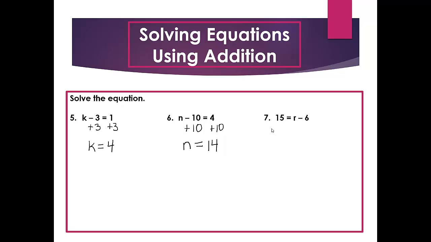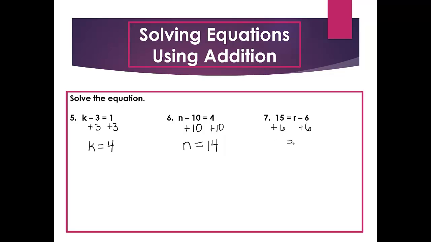Now let's look at number 7. We have 15 equals r minus 6. We want to look at the side of the equation that has our variable, which is this time the right-hand side. We have r minus 6. Since we are subtracting 6 with our variable, we need to do the inverse operation. So the opposite or the inverse of subtraction is addition. So we're going to add 6. We'll add 6 to both sides.